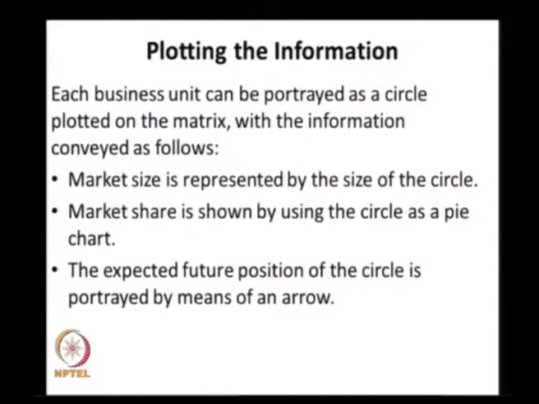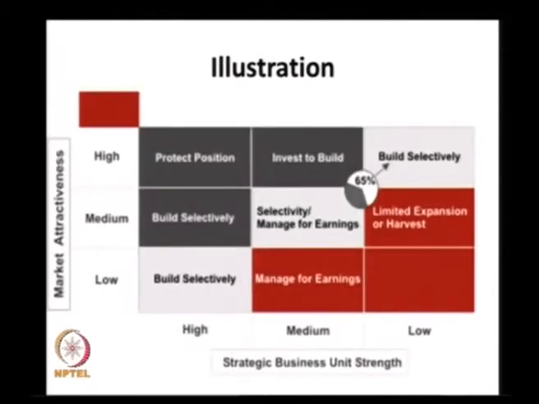So, each business unit can now be portrayed as a circle plotted in this matrix. I will give you an illustrative GE McKinsey matrix for you to interpret and understand this better, in which the circle that gets into the matrix, I will just show this and then you will understand this. So, we have a circle, we have a percentage here.